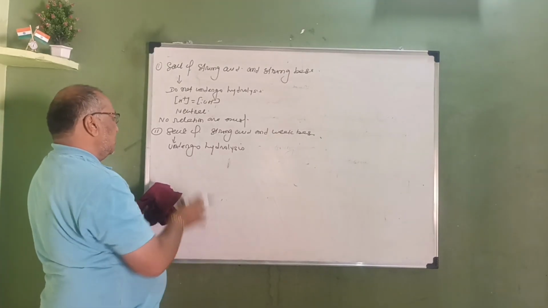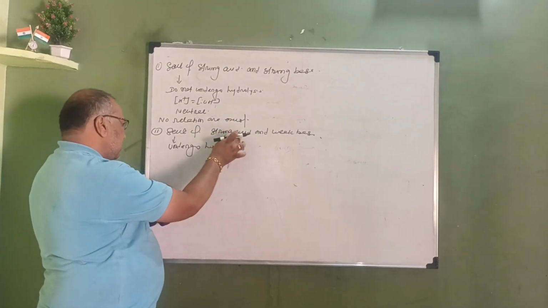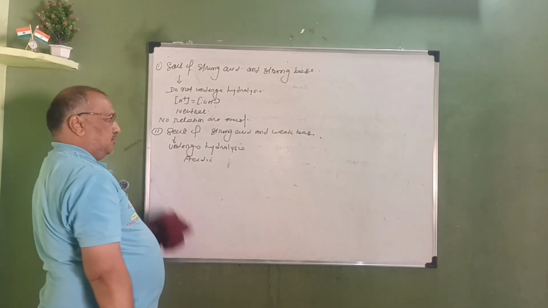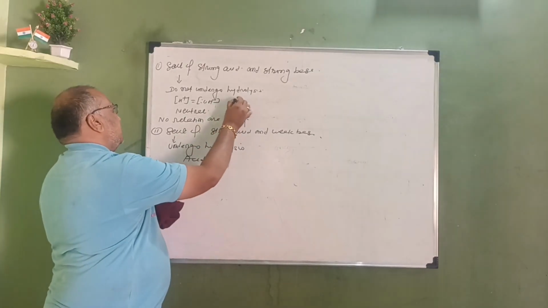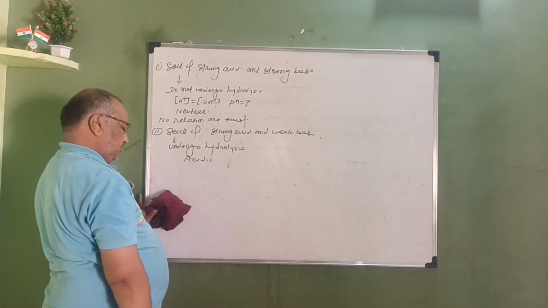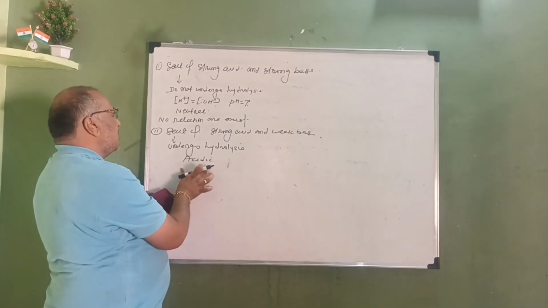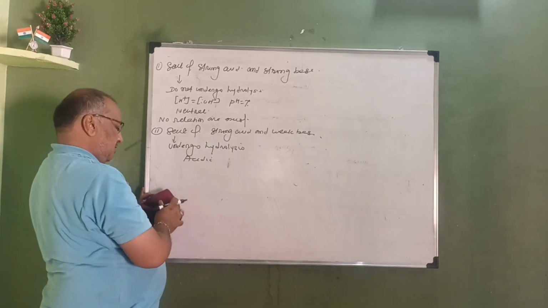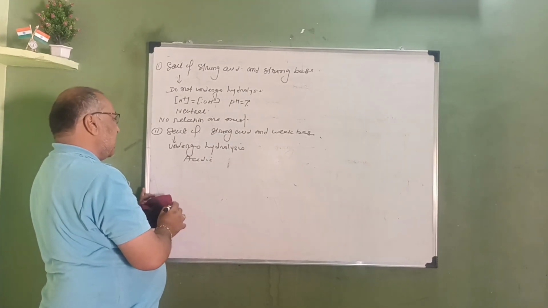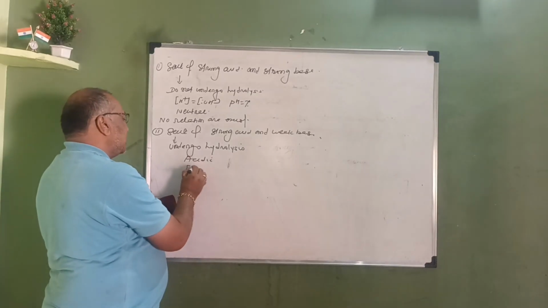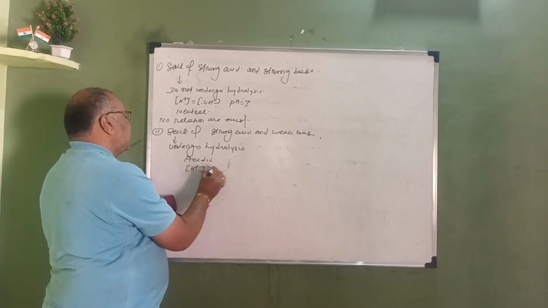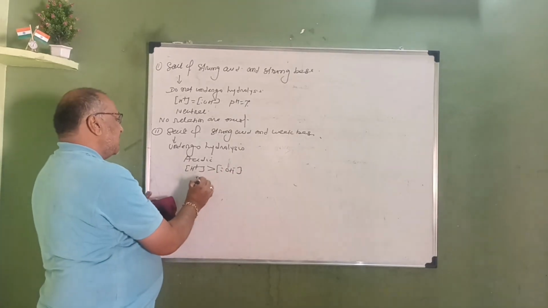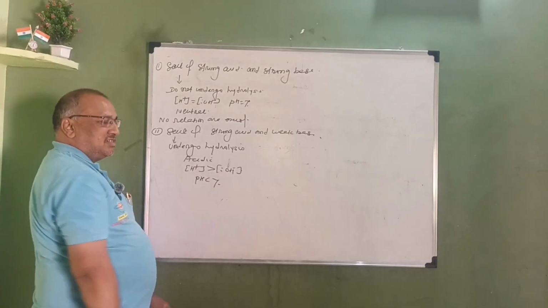And here, solution of this salt is acidic, pH less than 7. Why? Because here acid is strong and base is weak. As the solution is acidic, concentration of H plus ion is greater than concentration of OH minus ion, and pH is less than 7.